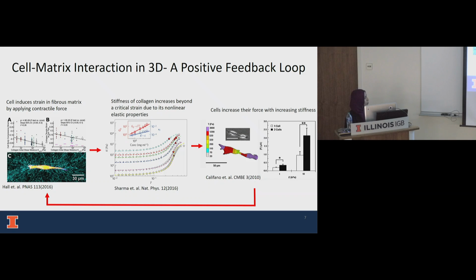What they do is they pull on these fibers, which induces a strain on the ECM. And as I mentioned earlier, these are nonlinear elastic. So as the strain goes up, this study showed that beyond the critical strain, which was approximately 10%, the stiffness of the collagen also increases.